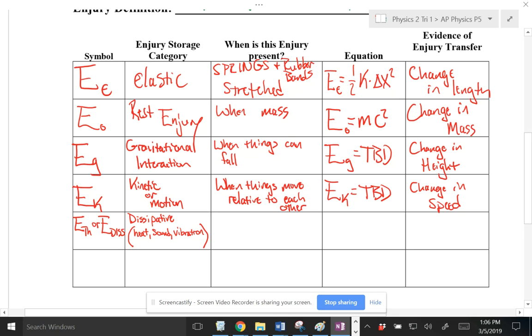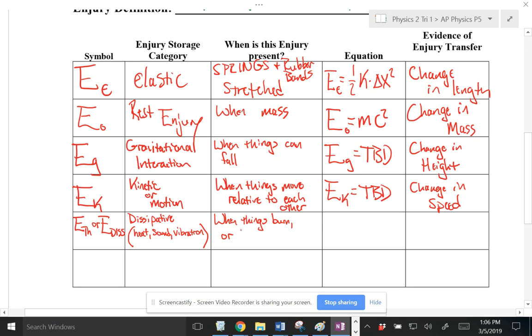When is this energy present? Great question. When things burn, or what's another sign of thermal energy? Fans of exothermic and endothermic reactions? Okay, what's that?